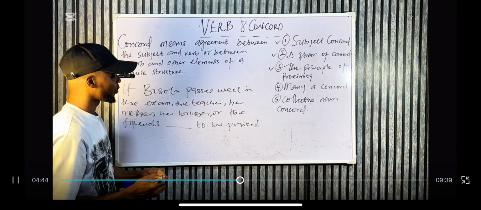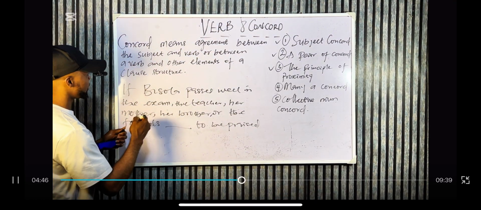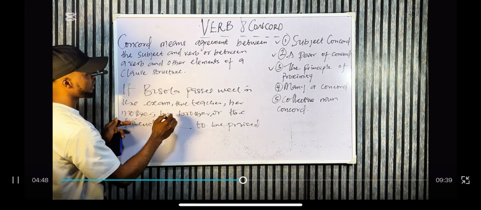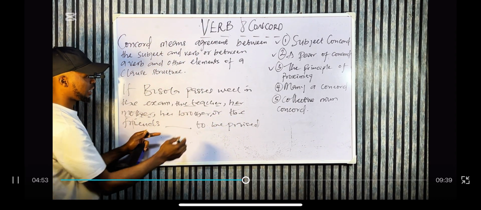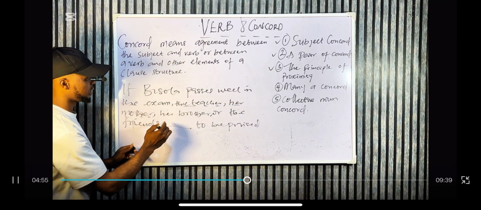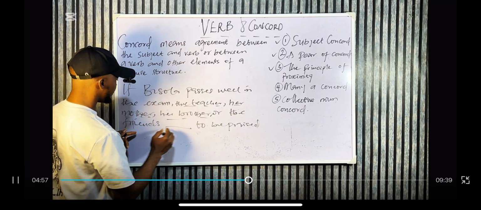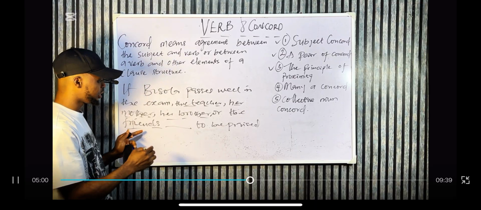If you watch here, we have if Bisola passes well in the exam, we have the teacher, one person, her mother, one person, her brother, one person, the friends, and this is plural.